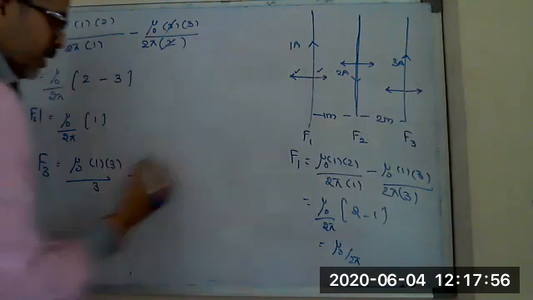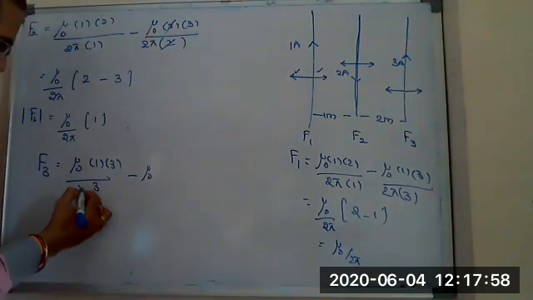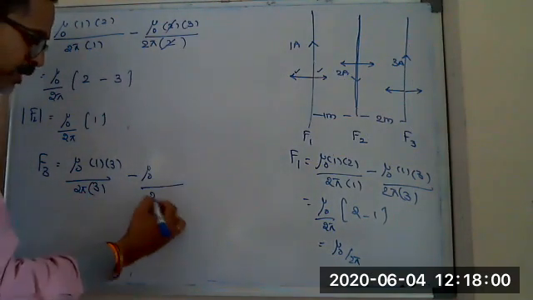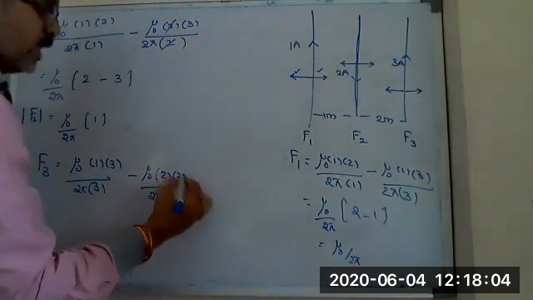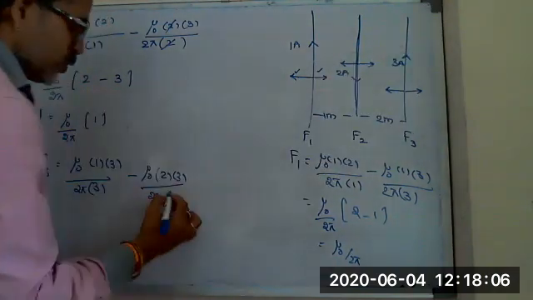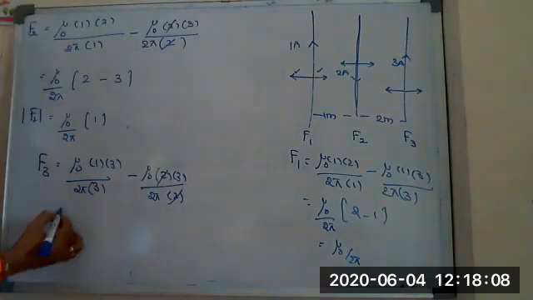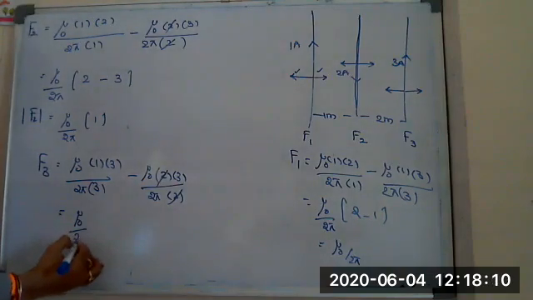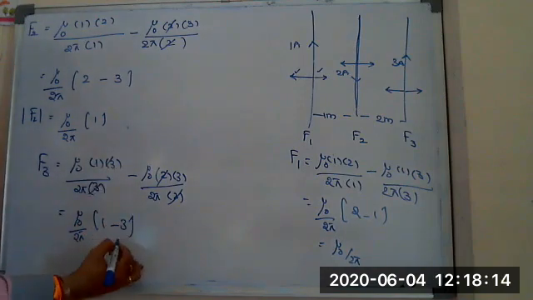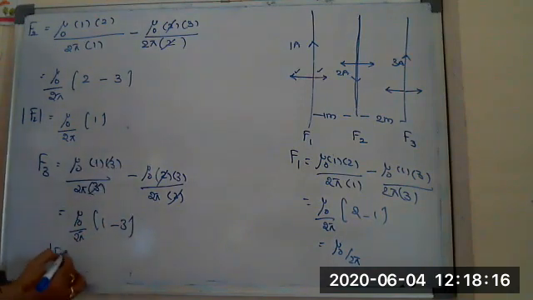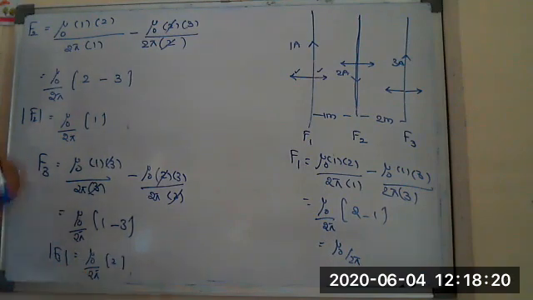So minus mu naught by 2 pi into I1 I2, 2 into 3, divided by the distance, which is 2. Again mu naught by 2 pi is common. You are getting here 1 minus 3, again minus 2. So the magnitude will be mu naught by 2 pi into 2.